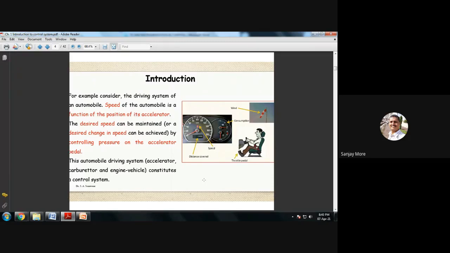Full stop. Next line. The desired speed can be maintained (in bracket) or a desired change in speed can be achieved (bracket complete) by controlling pressure on the accelerator pedal.